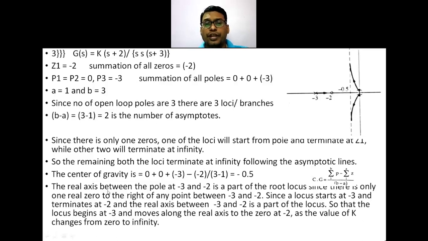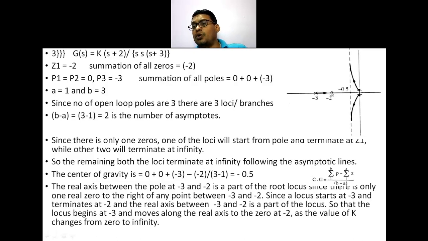So the real axis between the poles at -3 and -2 is part of the root locus diagram, since there is only one real zero to the right of any point between -3 and -2. Only this one zero is available to us.